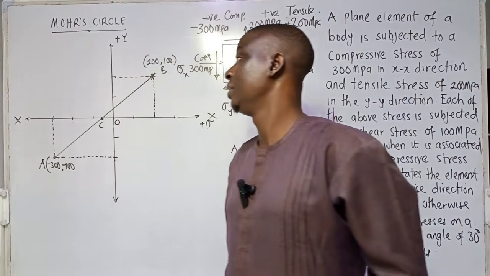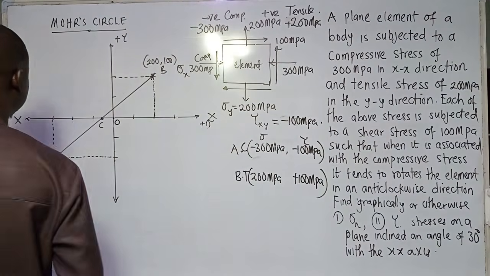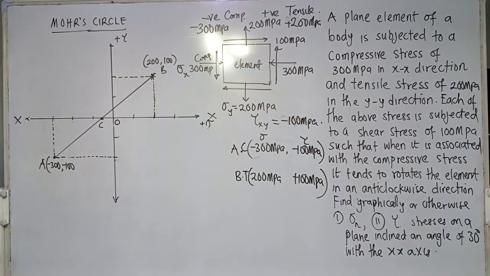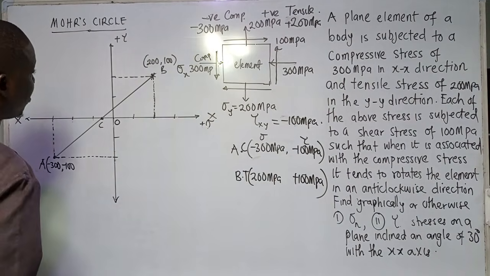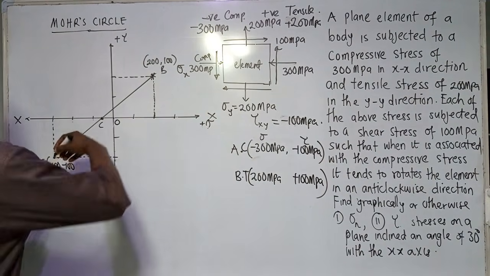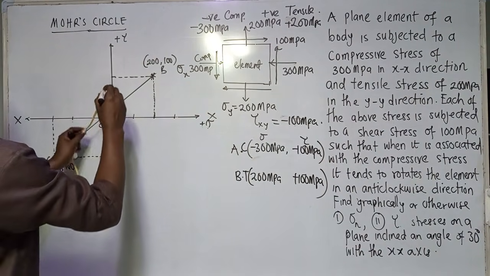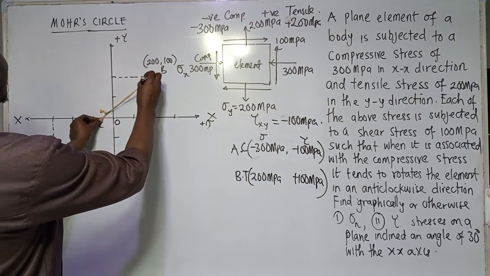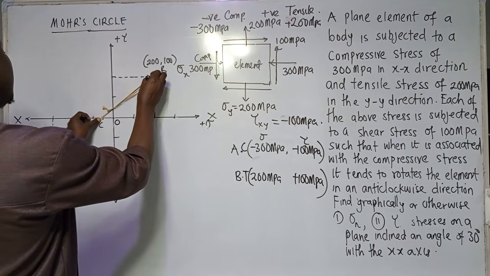So in that case, what I want to do now is to pick up a compass. I will improvise. Let's say this is our center.